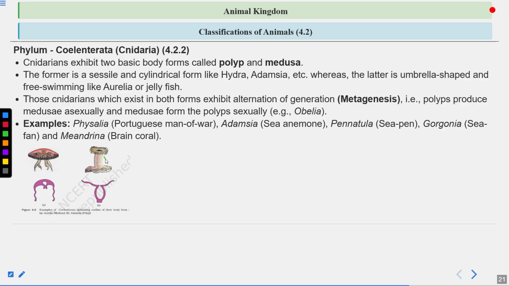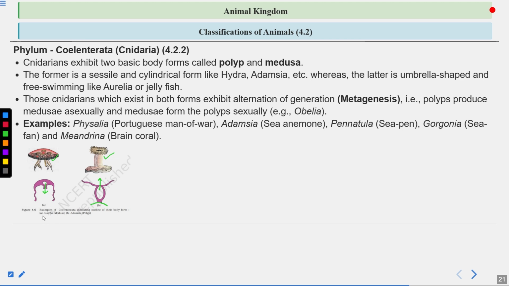This is the polyp and this is the medusa. In the case of the polyp, this is a cylindrical structure attached to the substratum. They are sessile and the mouth is toward upward. What about the medusa? Umbrella shape, free swimming, and the mouth is downward.